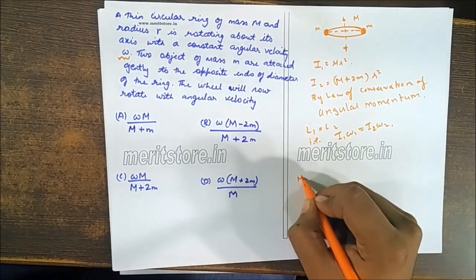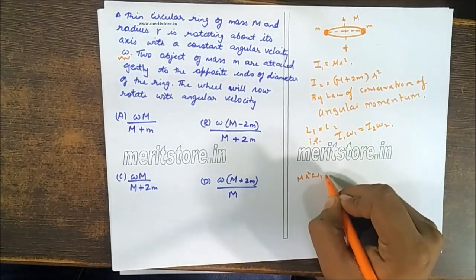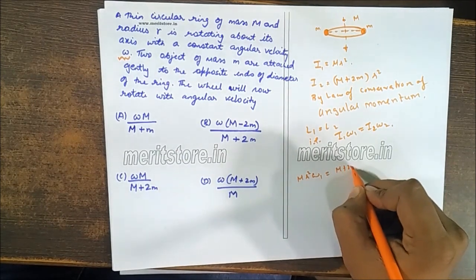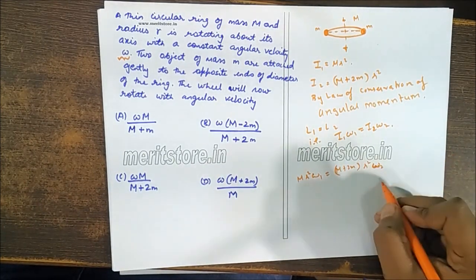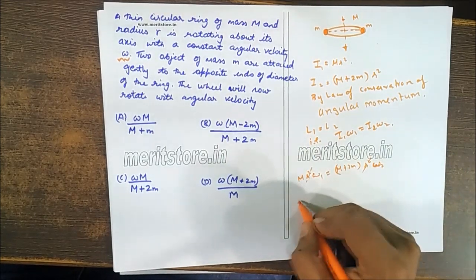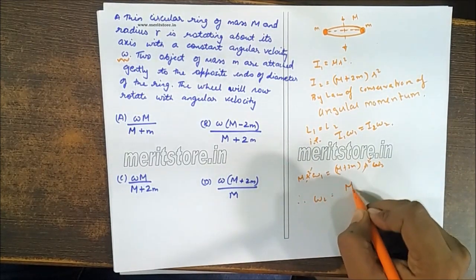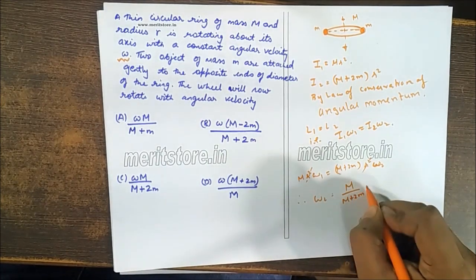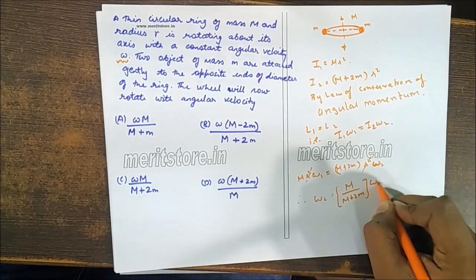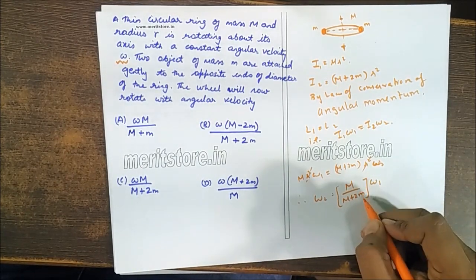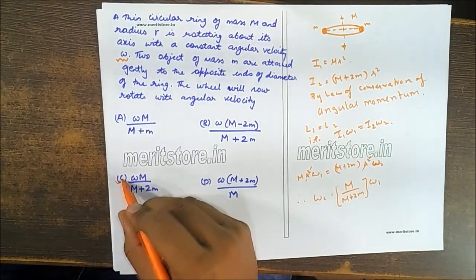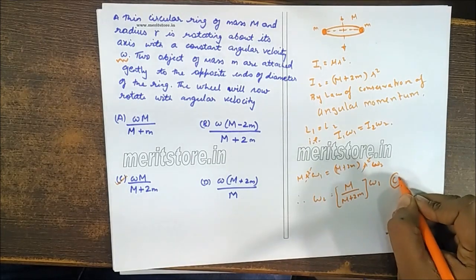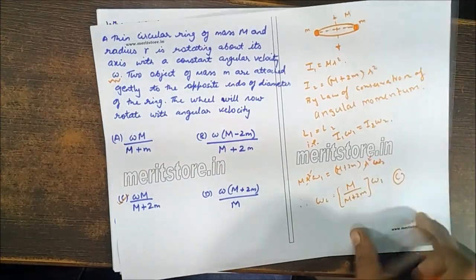So this can be said as mr square omega 1 is equal to (m plus 2m) r square omega 2. I require omega 2. r square and r square will get cancelled. So omega 2 is equal to m upon (m plus 2m) into omega 1, which is omega. So m upon (m plus 2m) into omega is option C.